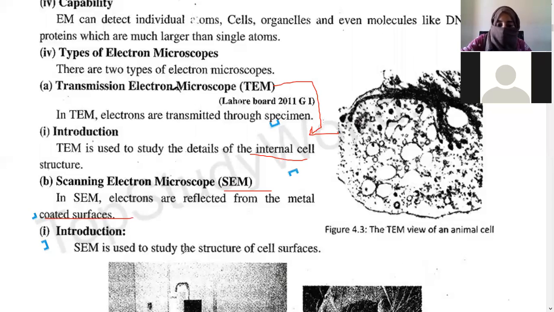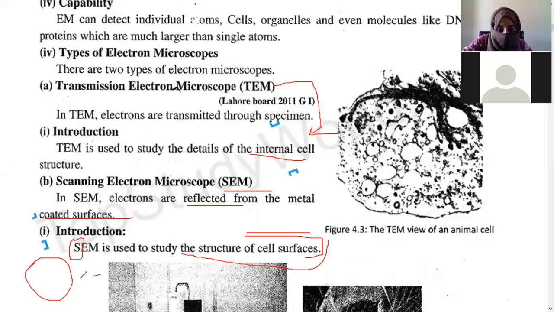SEM is used to study the structure of the cell surface. S means surface; you can learn it this way. S means surface, and it is used to study cell surfaces. Reflected means if an electron beam passes over the outer surface of a cell, it is reflected back.